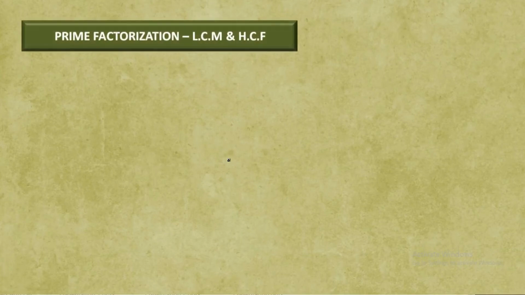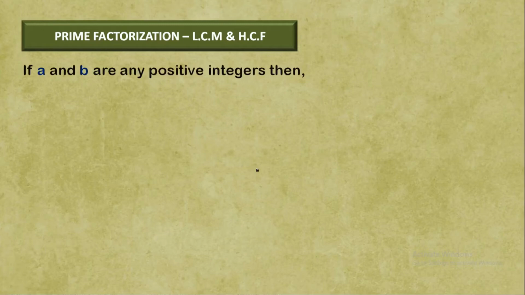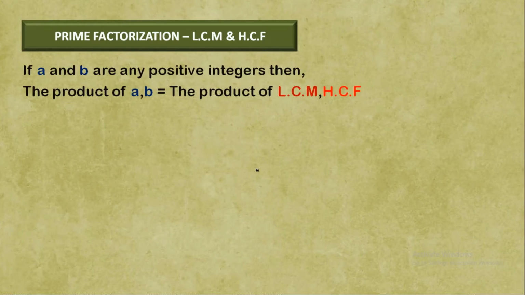Next we'll see about LCM and HCF in prime factorization, and how we calculate using this prime factorization. If A and B are any positive integers, then the product of A and B is equal to the product of LCM and HCF. This is written in mathematical form.